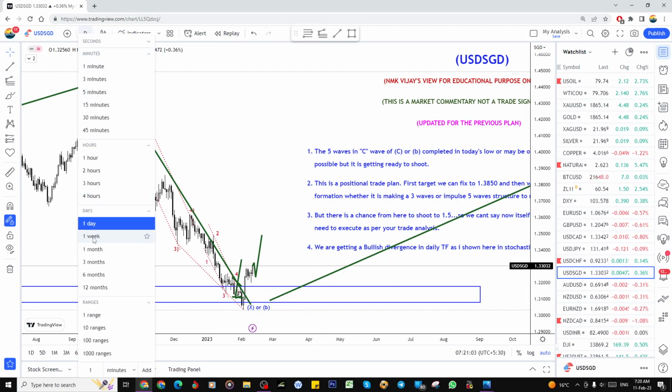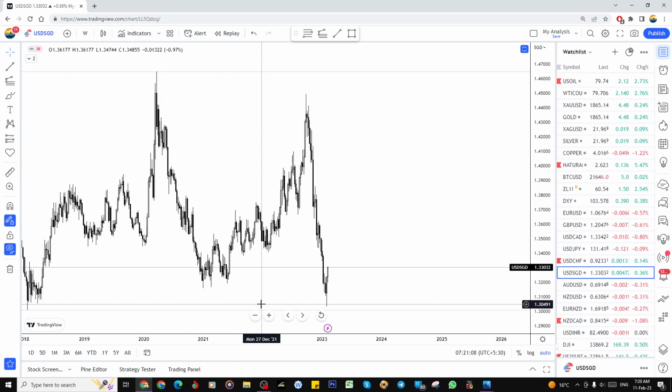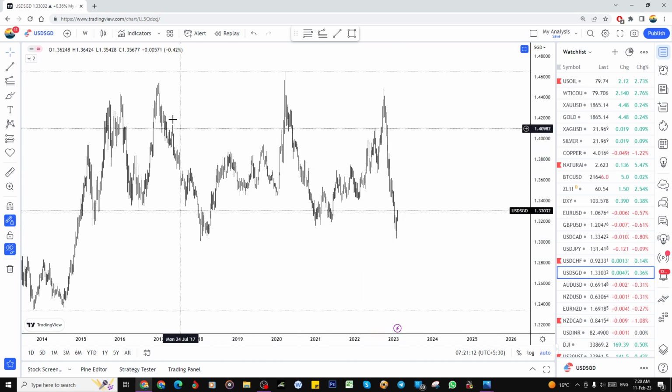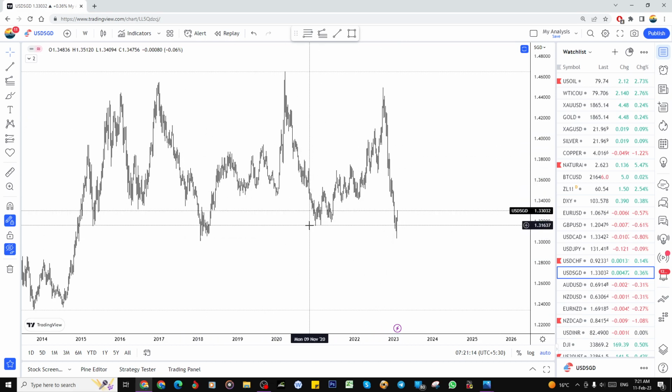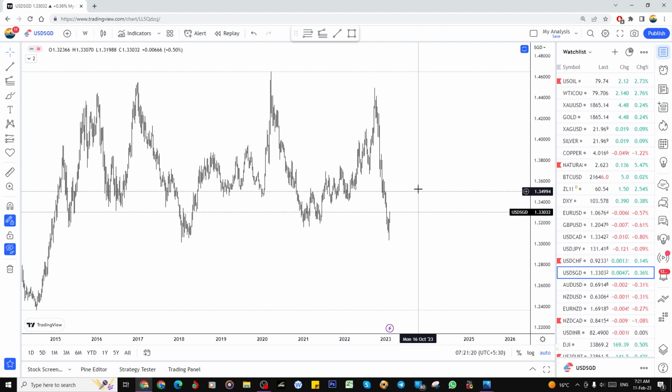And if you look at this weekly chart, look at this engulfing of the previous support zone. Whoever placed the stop loss here was all stopped out, and now the result is going as per your analysis. So this is a correction or impulsive, we need to wait and see.